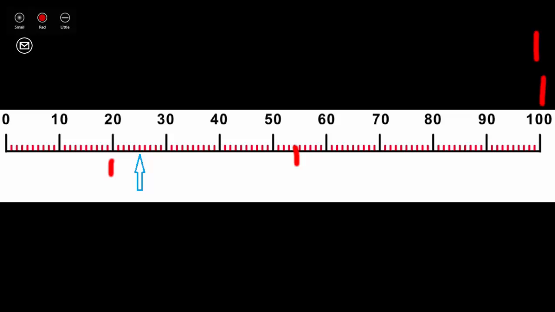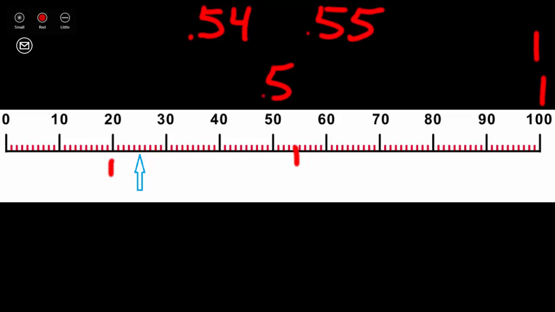Let's start at 5/10, or our 50th hash mark. 51, 52, 53, 54, and it is directly between 54 hundredths and 55 hundredths.